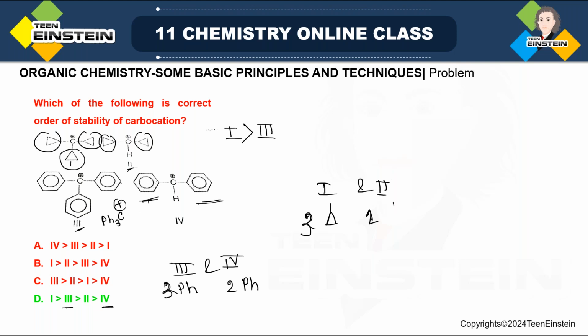In this case we have 2 cyclopropyl substituents. So 1 is more stable than 2 and 3 is more stable than 4. But when we are stuck between 3 and 2, you have to give priority because a total of 3 phenyl rings are there compared to 2 cyclopropyl. So that is why the last option will be the correct option.